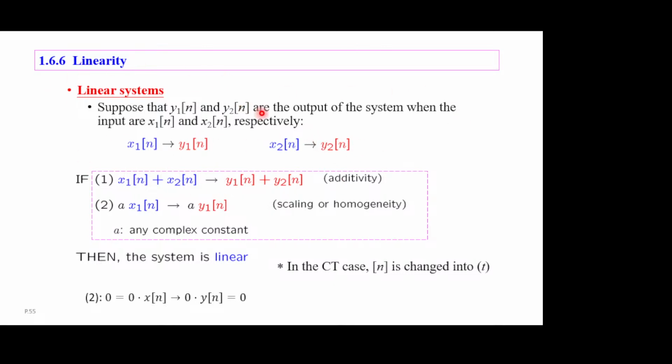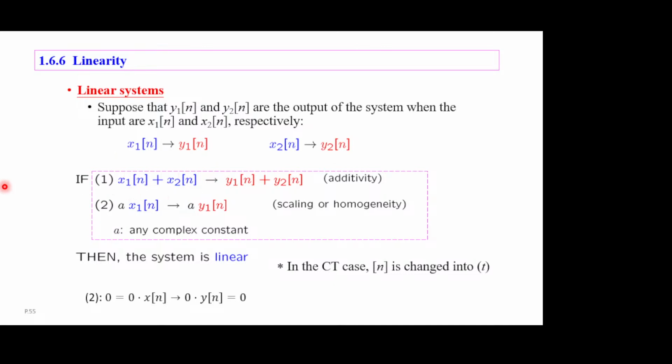To define the linearity of a system, we need to have two different input-output pairs. So once again, this is for all. For whatever input-output pairs, you have x1 mapped to y1, and x2 mapped to y2. And if you use x1 plus x2 as your input, then you will have y1 plus y2 as your output. Okay?